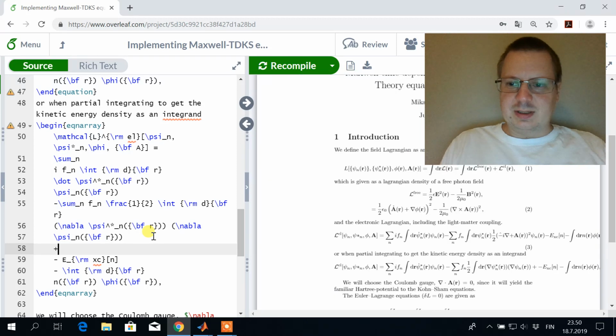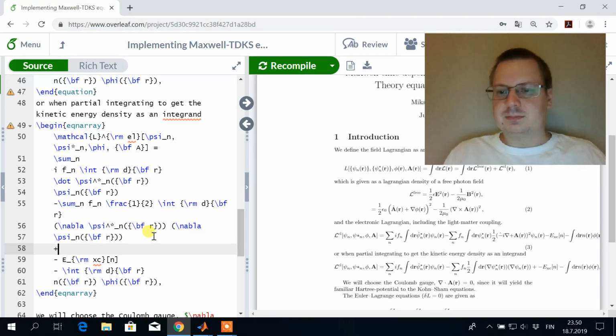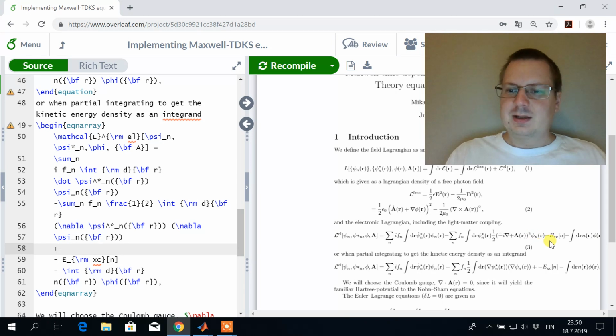So we actually have other coupling terms. For example, there's the density, so the sum over f_n psi_n star times psi_n is actually the density integrated with a squared.